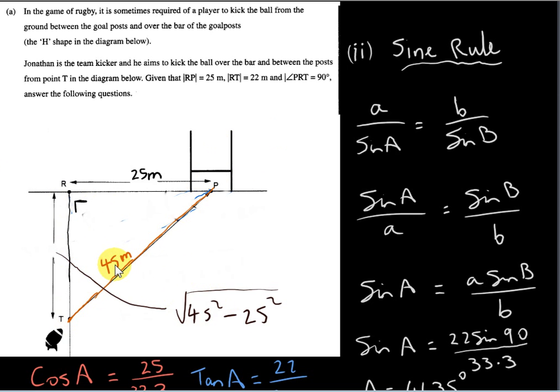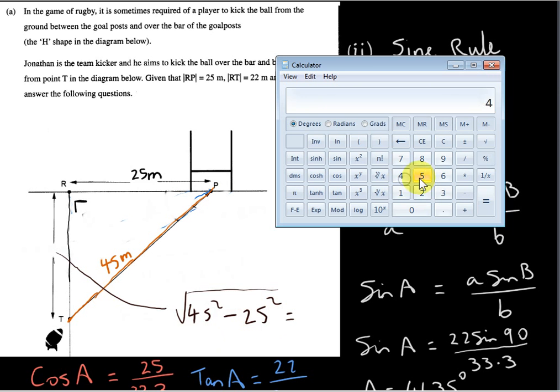So if we rearrange that, this side squared is 45 squared minus 25 squared, so this side is the square root of 45 squared minus 25 squared. This is the power of a half to get the square root. So the maximum distance he can be from R is 37.4 meters.